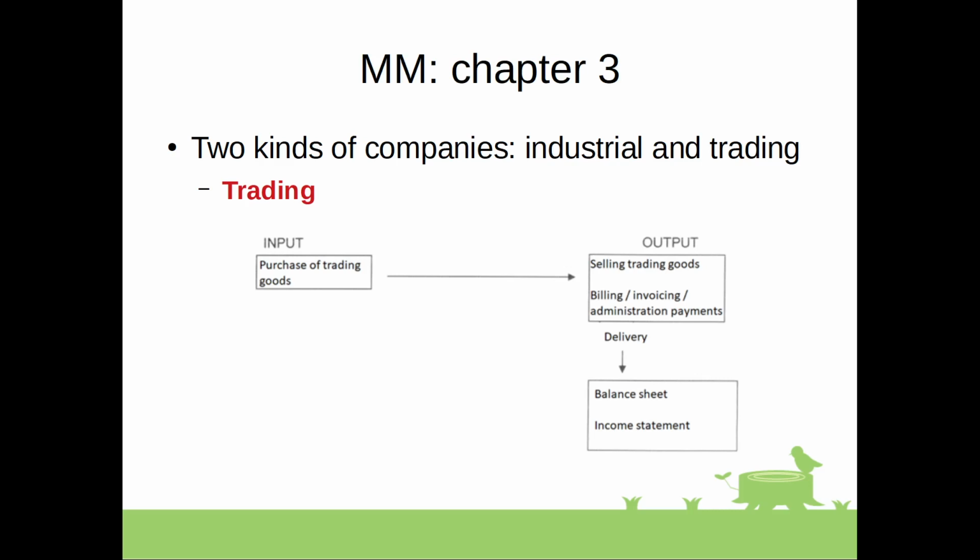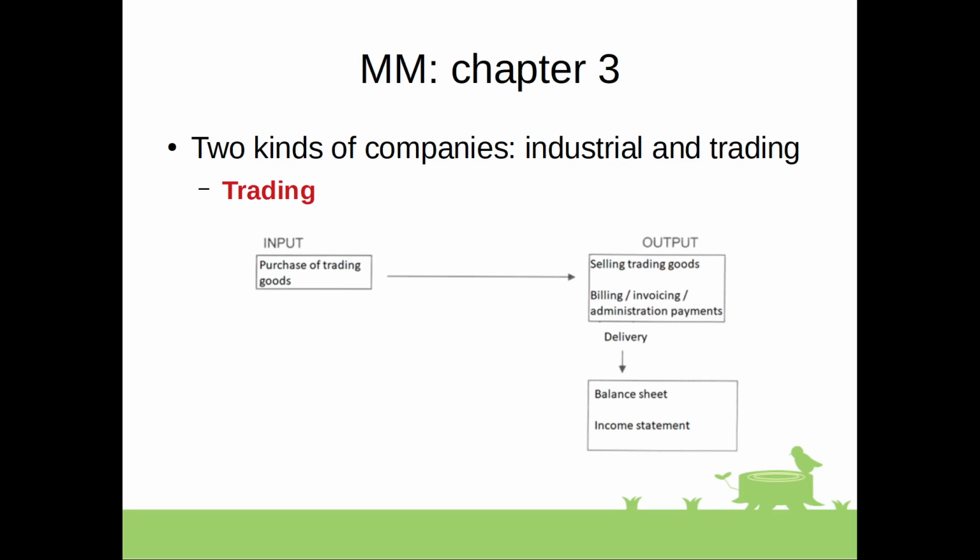In the end, they will just sell these goods. They might buy all of these in bulk and sell them again. Think about a warehouse shopping center like Carrefour or something. So they buy all these goods and they will resell them to the customer.